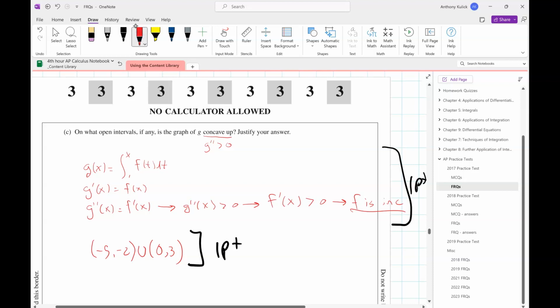Would be my suspicion anyways. Because, like I said, g double prime equals f prime of x, and the slope of f is positive, which means the second derivative of g at this point is positive. That's probably good, yep. I think you included all the big ideas there that you would have needed to justify how you got your points. I would have thought that would be enough.